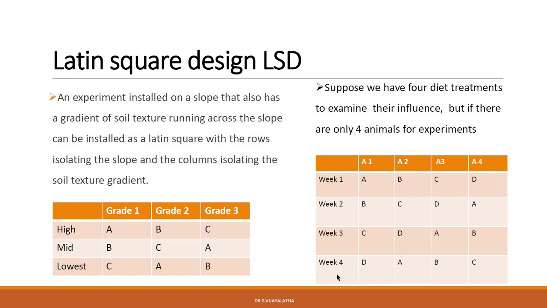So we have put week differences as rows and animals as columns, and we have allotted the treatments in such a way that each treatment appears once in each row and once in each column. So for example, A treatment is done in week 1, week 2, week 3 as well as week 4, and A treatment is also done for animal 1, animal 2, animal 3 as well as animal 4.